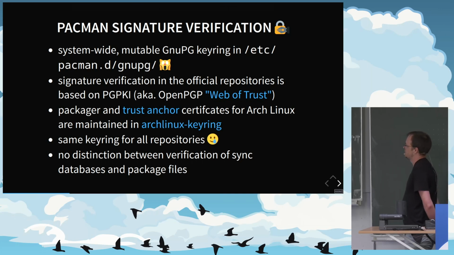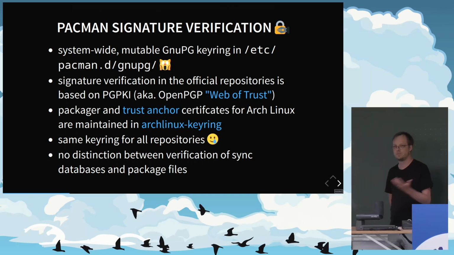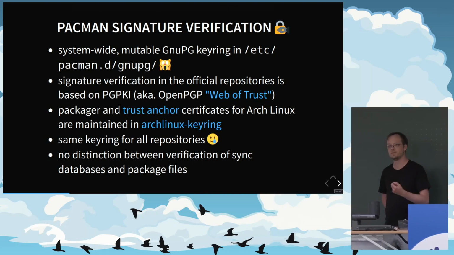The downside of the implementation that Pacman chose back in the day is that it doesn't distinguish between different layers or different origins or different purposes for a keyring, which means that the same keyring that you have in /etc is used for all repositories, and it's also used for all the metadata.